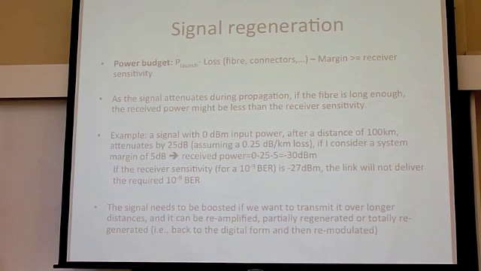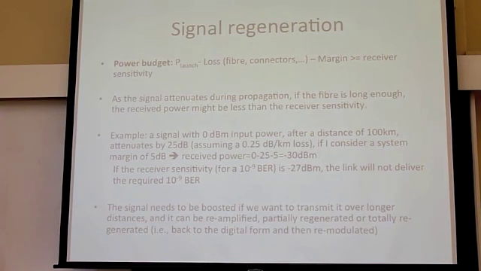This is just one example about the sensitivity that I was saying before. Imagine I have a 0 dBm input power, 25 dB of fiber loss over 100 kilometers, and a margin of 5 dB. That means the power I get at the receiver is minus 30 dBm.